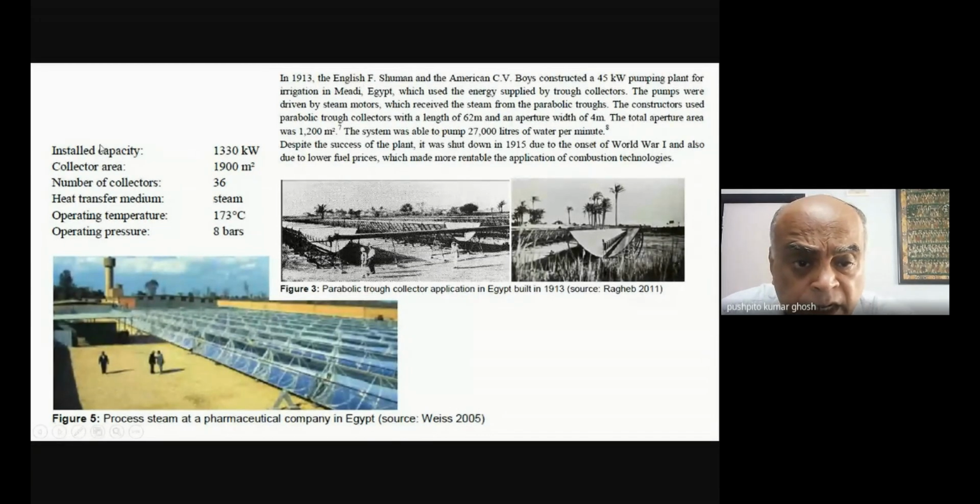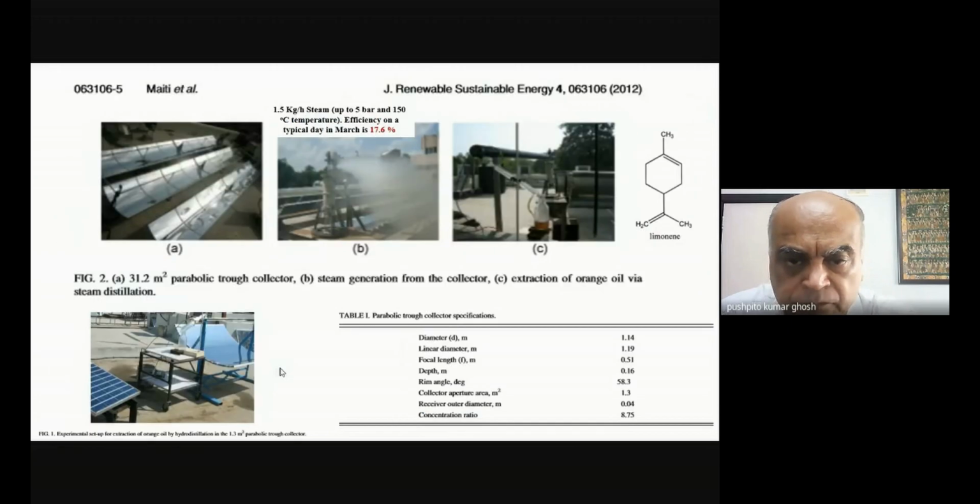But it's interesting. You can see how steam is generated. So these are the parabolic troughs, and from the center you have a tube through which you pass water, and that water is what is getting converted into steam. You can see it better over here, like you can see how steam is coming out.